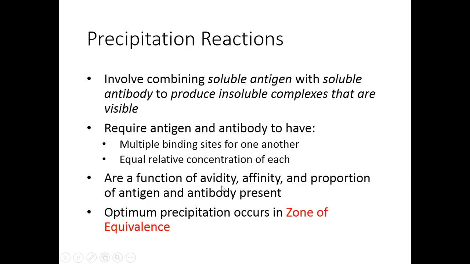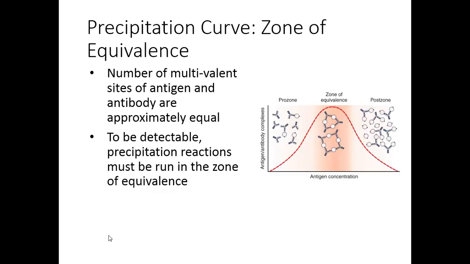Exactly what we expect: avidity, affinity, and that concentration of antibody-antigen present. We're going to talk about the fact that optimum precipitation occurs in what's called the zone of equivalence, which is really telling us that antibody and antigen are present in relatively equal or equivalent amounts. And the next slides are going to tell us why. So let's see what happens.